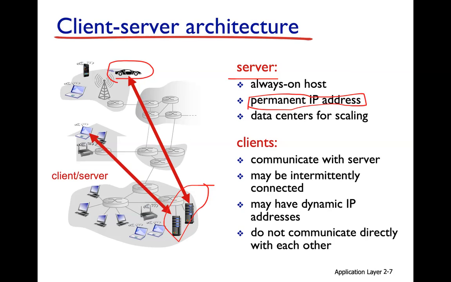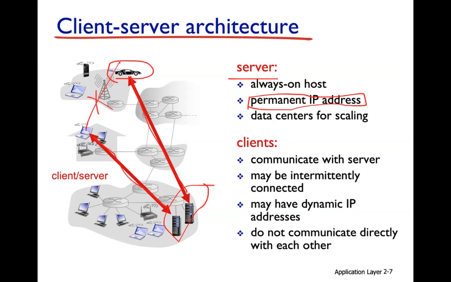And then I do not need to communicate directly with each other. If the car wants to talk with the server, then the computer also talks with the server. Between these two, you don't need to communicate with each other.